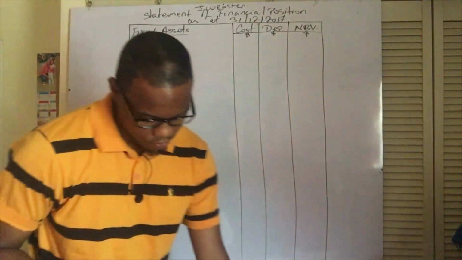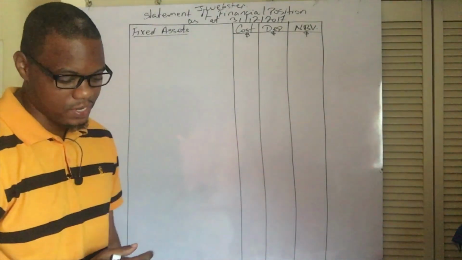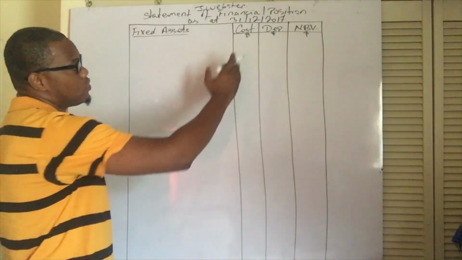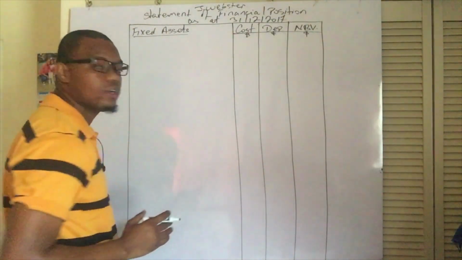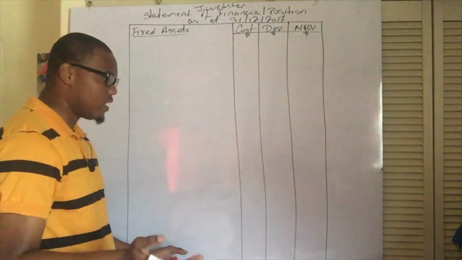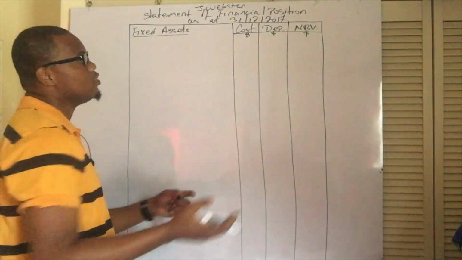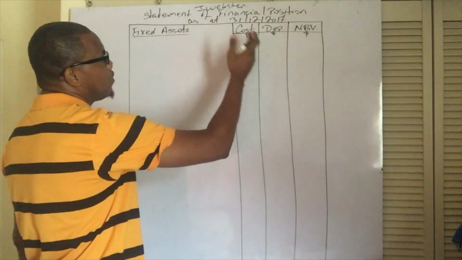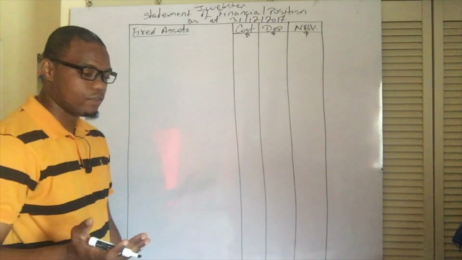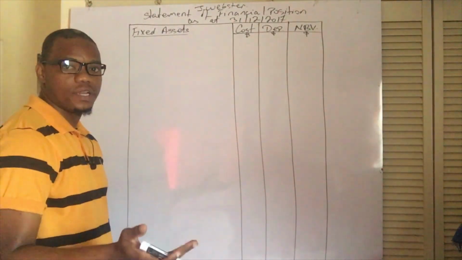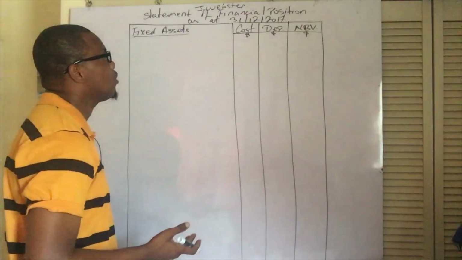So our fixed assets, we have 2 fixed assets there. And you have to remember that when we are doing adjustments to final accounts, you can see that I have 3 columns here. If you are not doing adjustments to final accounts, or you're just doing a regular balance sheet, you would not need 3 columns. But the 3 columns are specifically for if you have adjustments to be made, or if you have more than one current liability, then you would need the 3 columns.